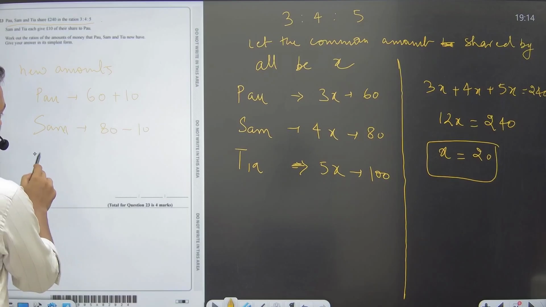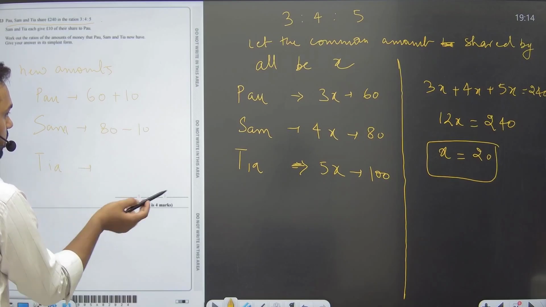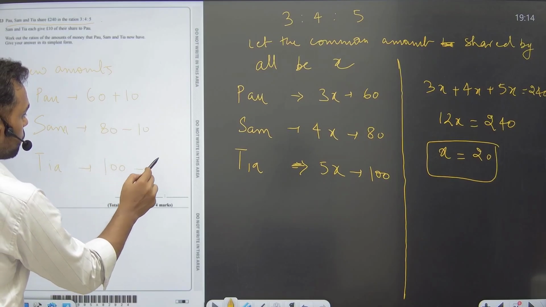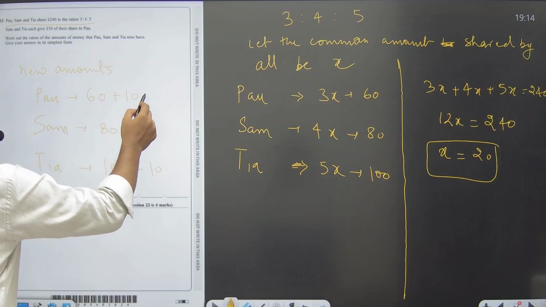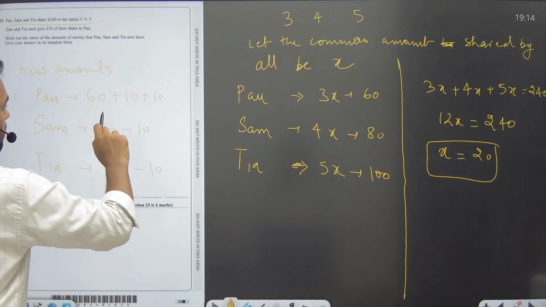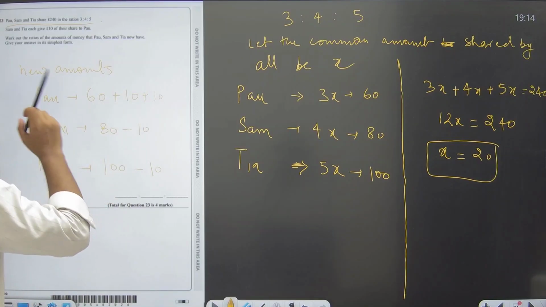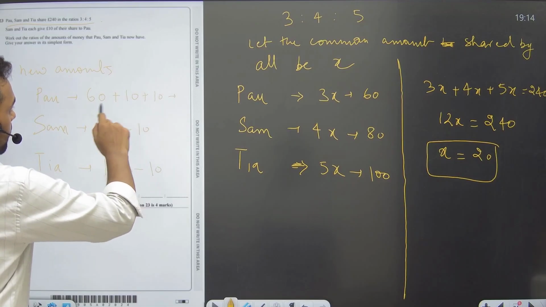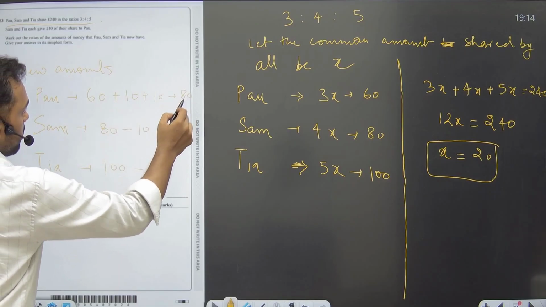For Tia also, if I say that she is also giving 10 euros, it will get reduced by 10 euros, and this 10 will get added in Pao's amount. So now with Pao the total amount is 80.